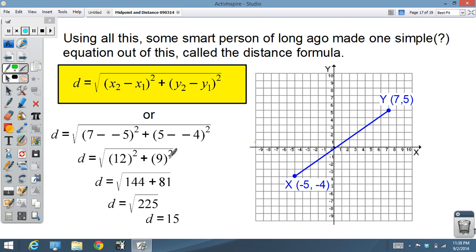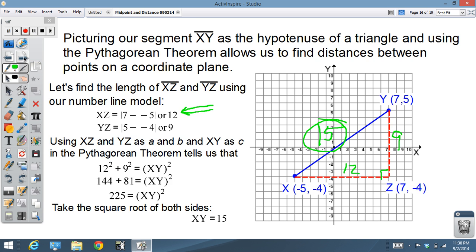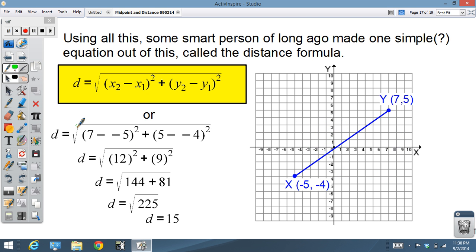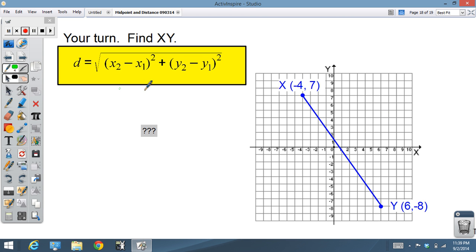So, using our same line, we just plug in the same values. 7 minus -5 squared, 5 minus -4 squared, 12 squared plus 9 squared, 144 plus 81, etc., and get the same result, just simplified into one formula. Okay? So, you get to try.